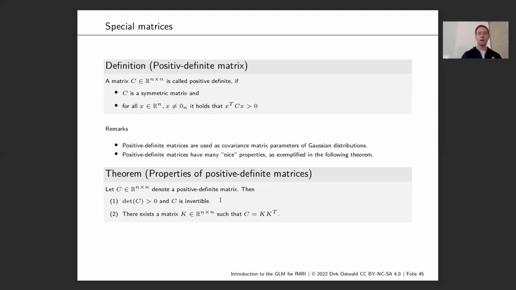What are those matrices? They are symmetric square matrices for which, for all n-dimensional vectors x, the product of x transpose with the matrix times x is larger than 0.